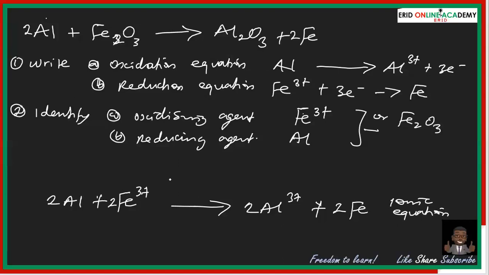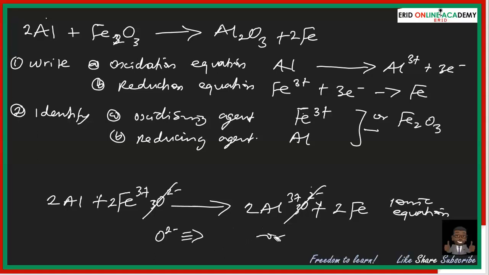So why are we not showing oxygen? Here it will be O2 minus 3, and here too, we have O2 minus 3. But we are not showing this because oxygen ion remains unchanged. So oxygen ion is called a spectator ion in this reaction.